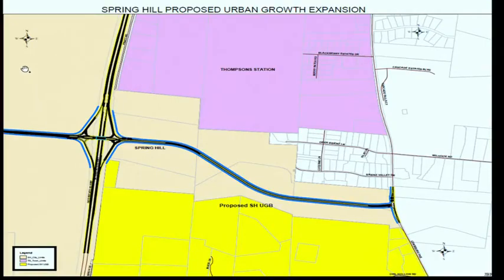Now remember, if the City of Spring Hill expands the urban growth boundary into that area, that does not automatically make those properties within that urban growth boundary a part of the City of Spring Hill. Those properties would still need to file an application with the city to have that land annexed into the city.